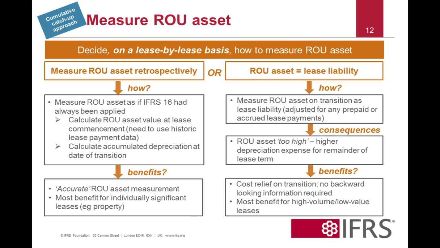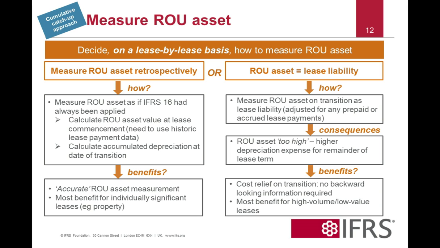I'm talking here, of course, about individually significant leases, i.e. the properties, the aeroplanes and the oil rigs, for example. In these cases, measuring right of use assets on transition using any kind of approximation means not only will the transition balance sheet be a little out, but also that depreciation charges in the P&L for the rest of the life of the lease won't be quite right either.